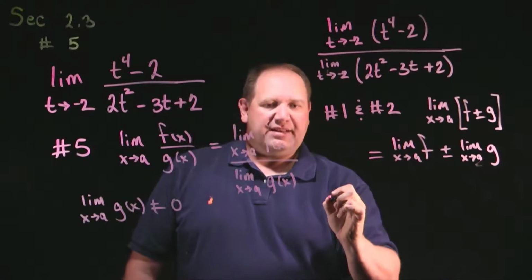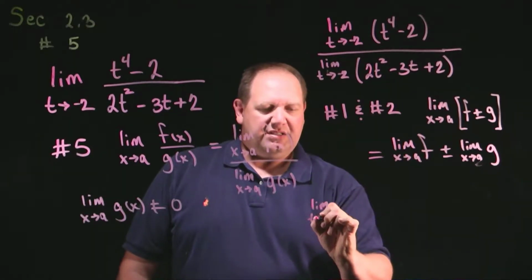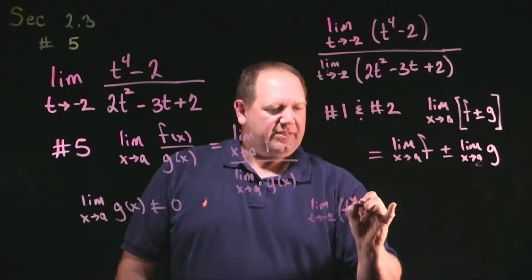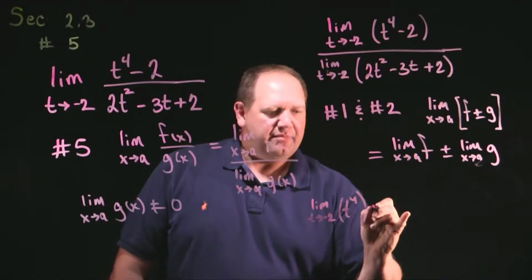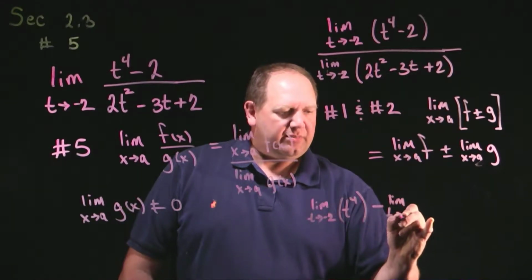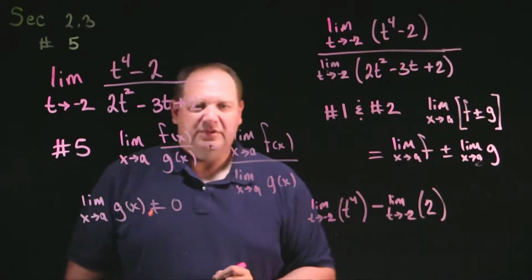So for the top, I have the limit as t approaches -2 of t to the fourth minus the limit as t approaches -2 of 2. Okay?